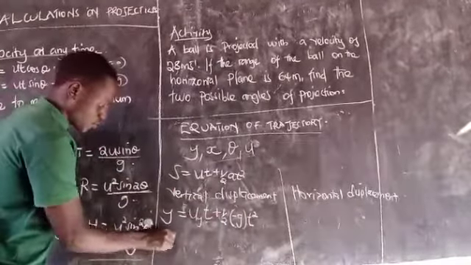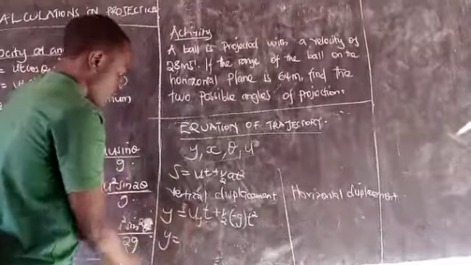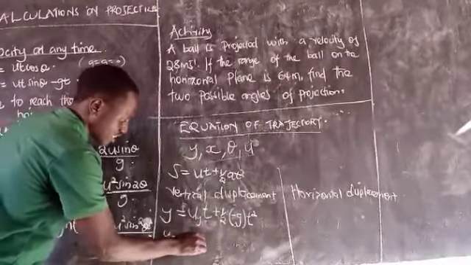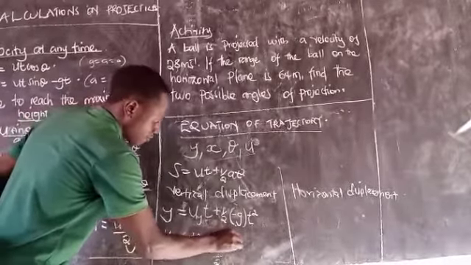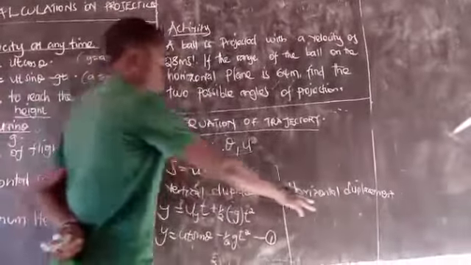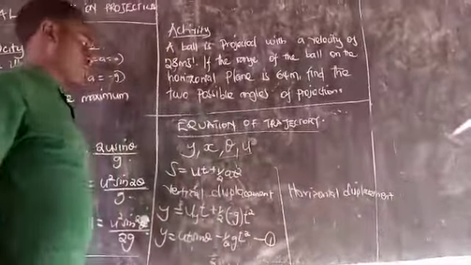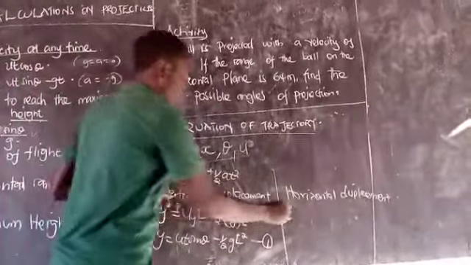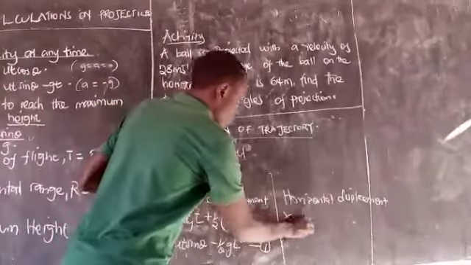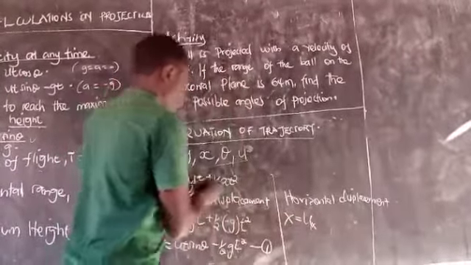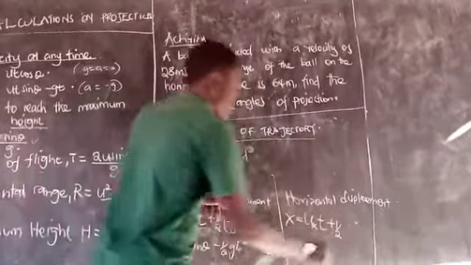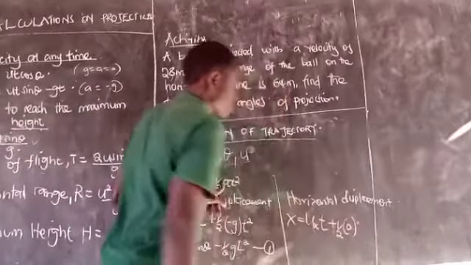The vertical component is given by u sine theta. If you multiply it by t, you get y equals ut sine theta minus a half gt squared, and you call that equation 1. Then for horizontal displacement at any time, we replace s by the horizontal distance traveled x, replace u by the horizontal component of velocity, multiply by time t, and we add a half times the horizontal acceleration, which becomes 0.